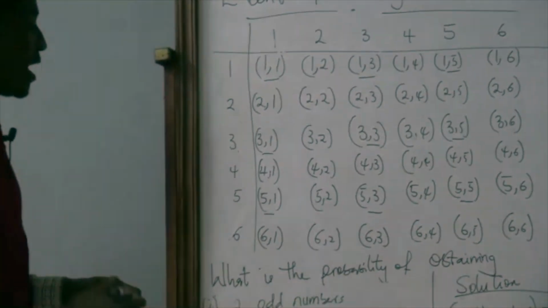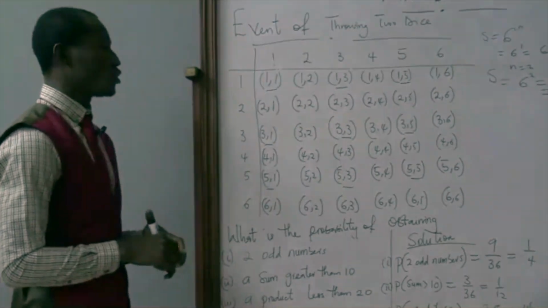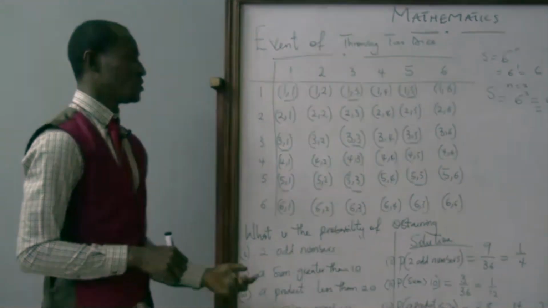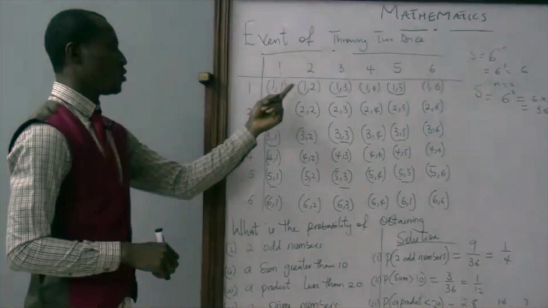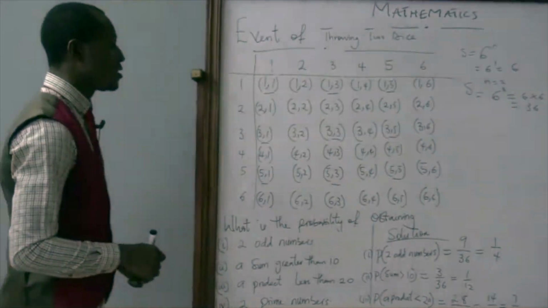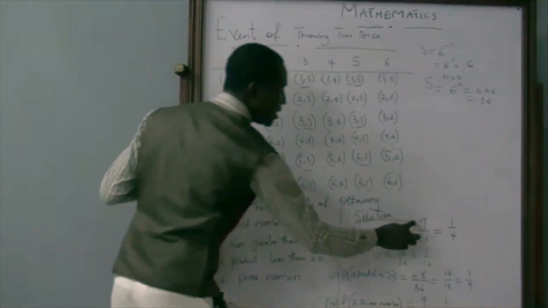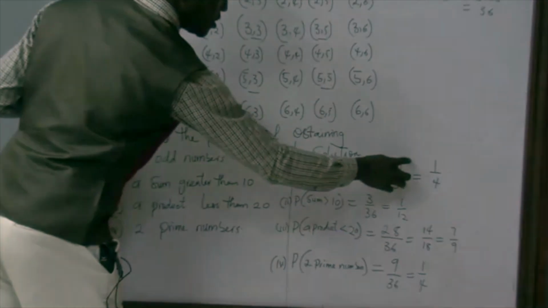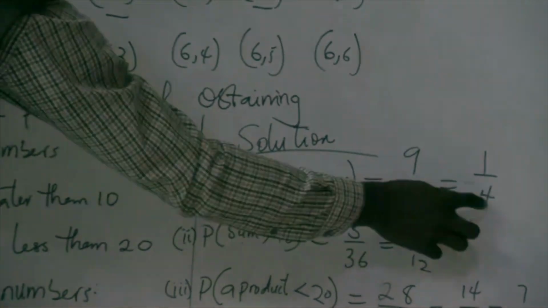So we have 9 outcomes favoring 2 odd numbers. The first is odd, second is odd. If you count that, we have 9, and that is 9 divided by 36. So 9 over 36 is 1 over 4.